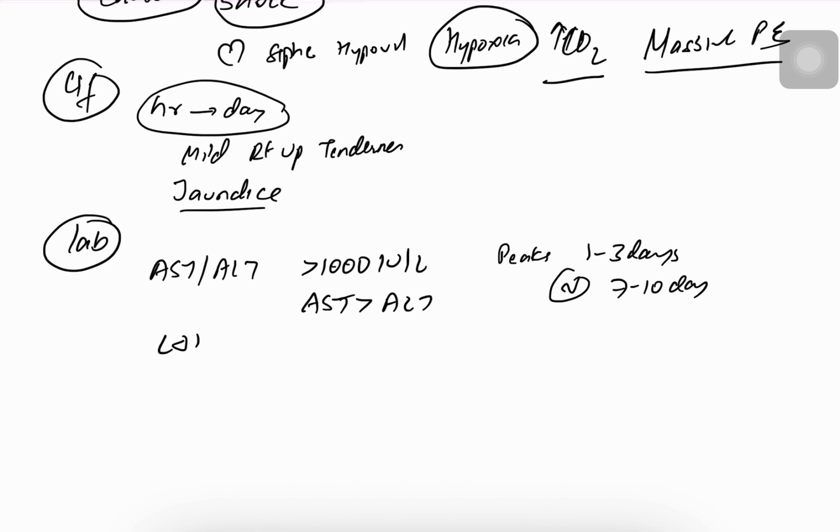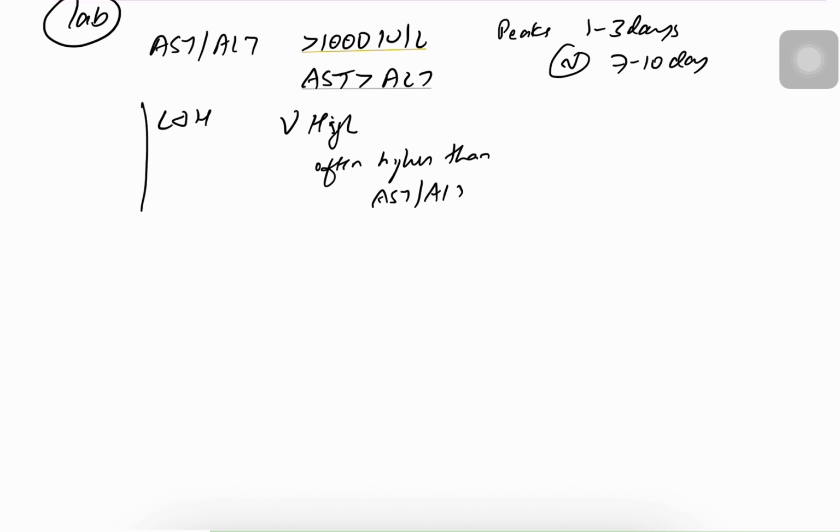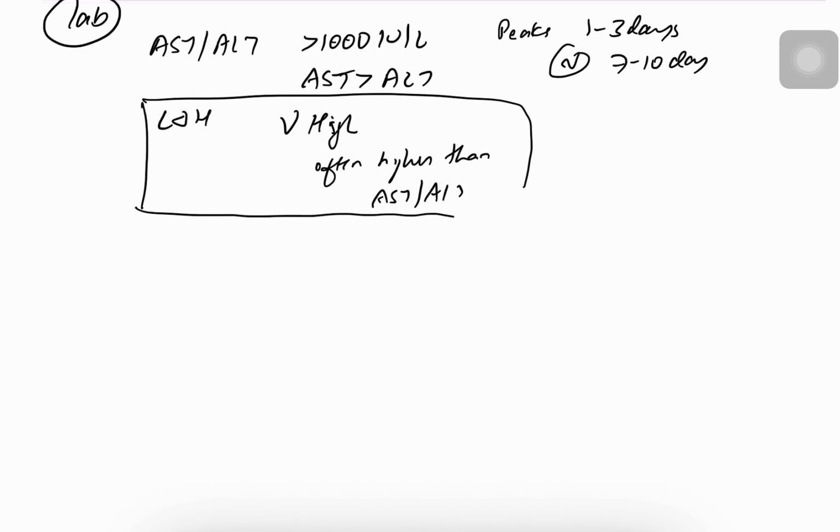LDH is very high, often higher than AST or ALT, and this LDH basically helps us distinguish ischemic hepatopathy.